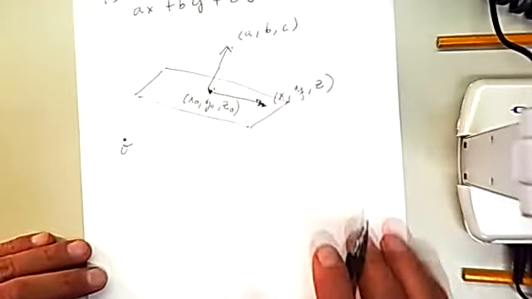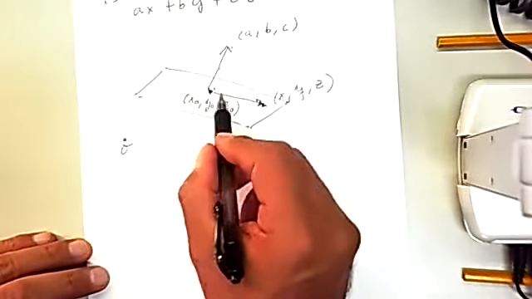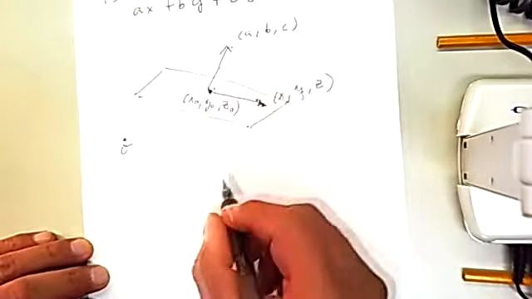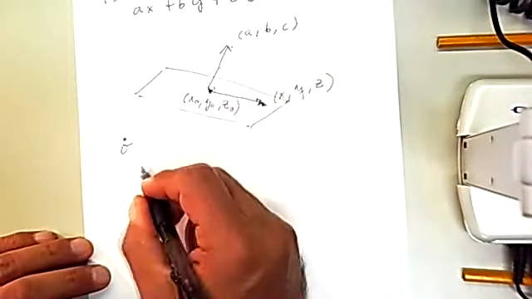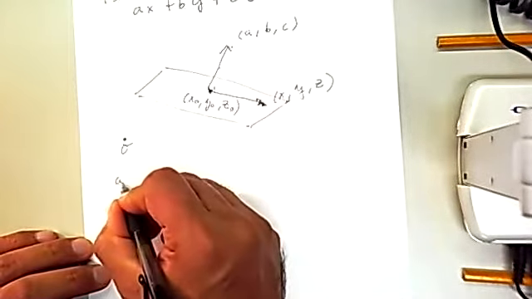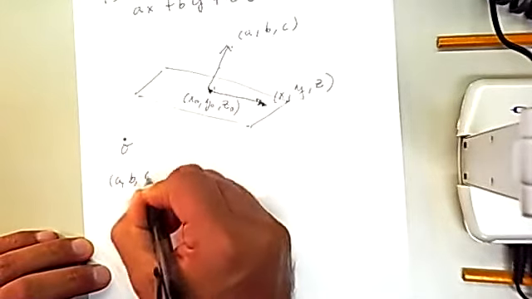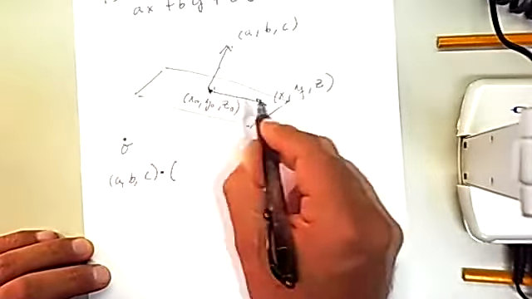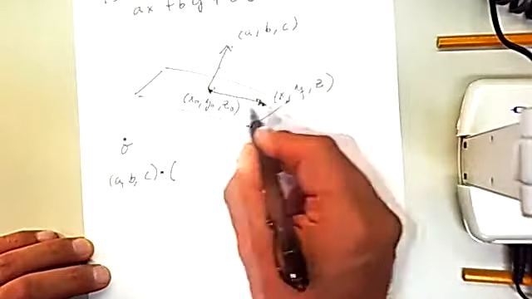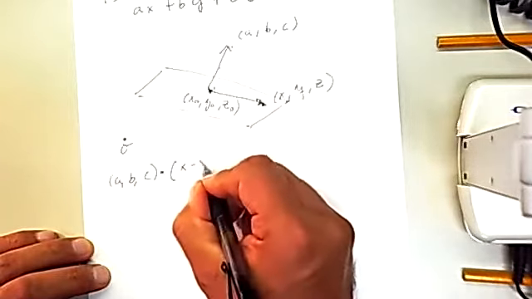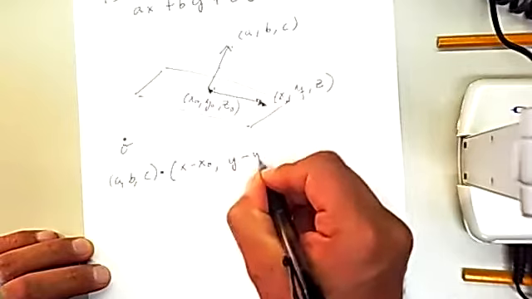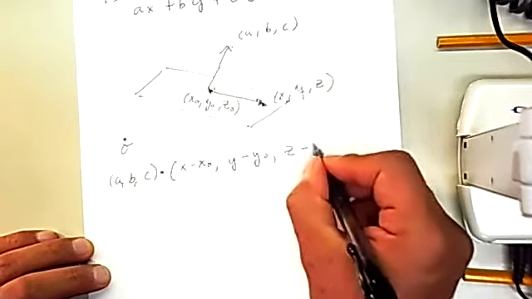So let's find the dot product of this vector and that vector. So we do A, B, C dotted with this vector, which is x minus x naught, y minus y naught, z minus z naught.